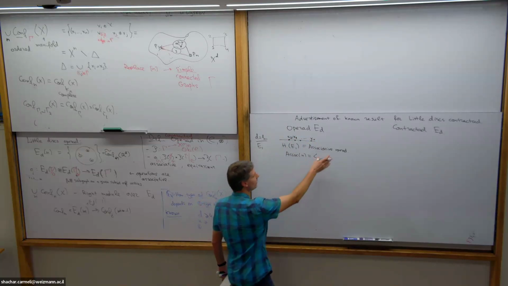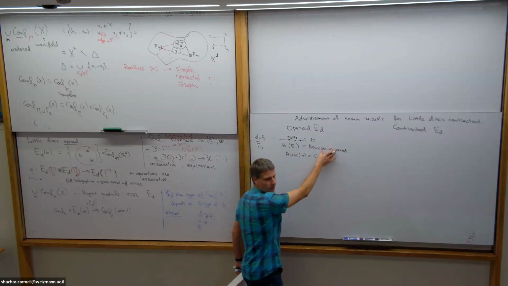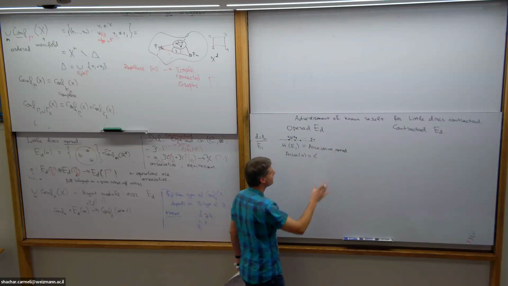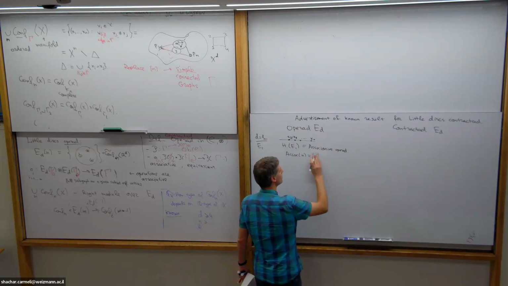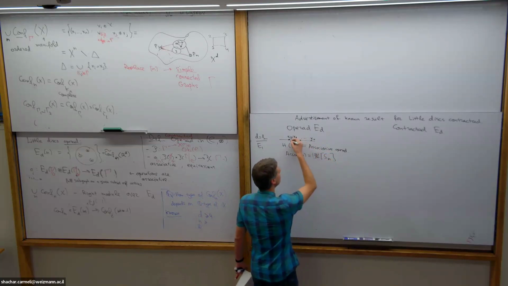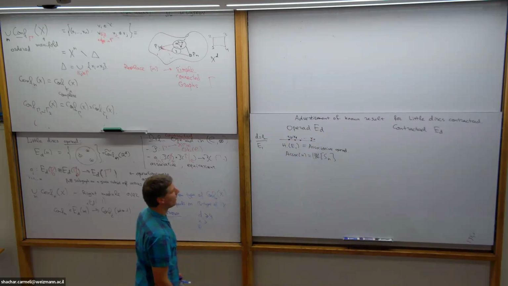For those familiar with the notion of the left module over the operad, the algebras over this operad are precisely the associative algebras. So the associative of n is just k of Sn, indexed by the permutations.